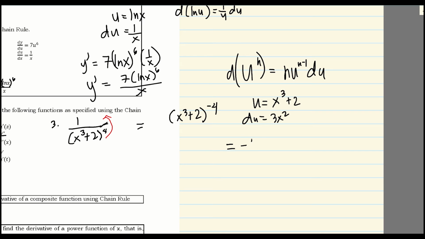The answer is negative 4 (x cubed plus 2) to the power of negative 5, because negative 4 minus 1 is negative 5. And then we have du, which is 3x squared. Negative 4 times 3 is negative 12x squared.